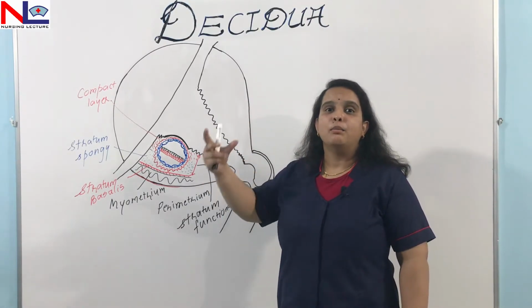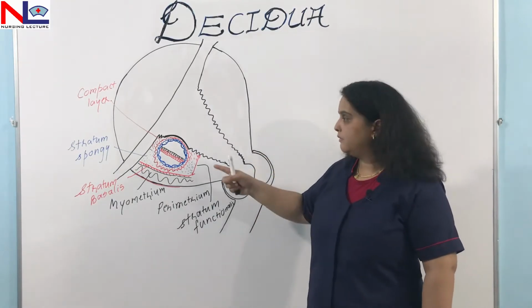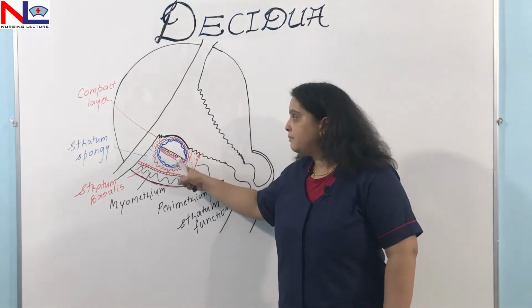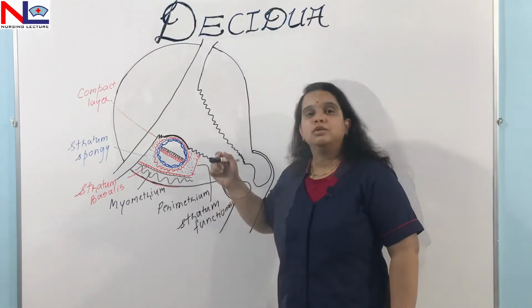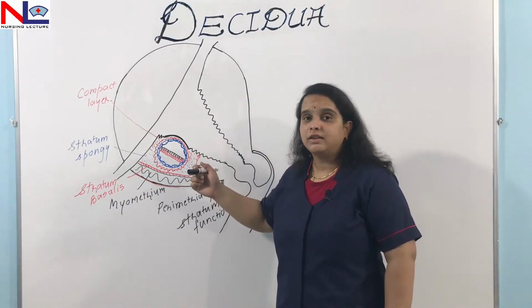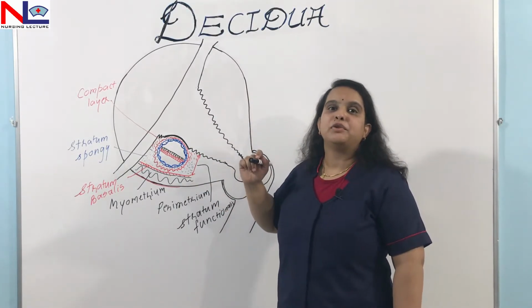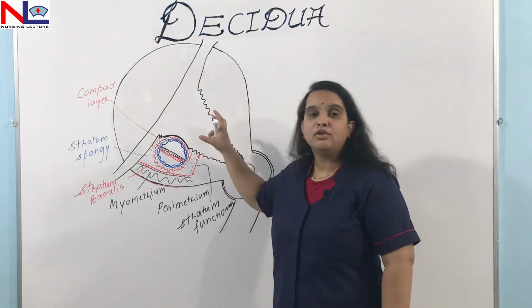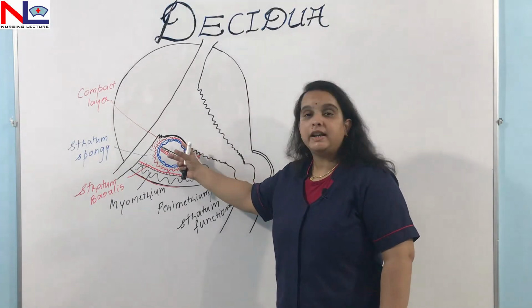They release more glycogen as well as lipid-rich secretion, which is very essential for nourishing the blastocyst in the initial phase. By this progesterone action, the decidual reaction takes place. So this is called the decidual reaction, where the endometrial lining is in a more secretory phase.